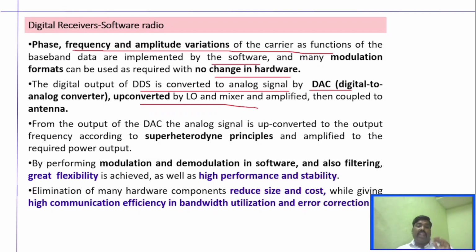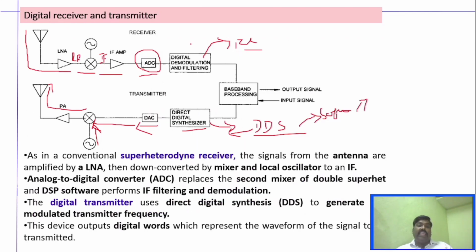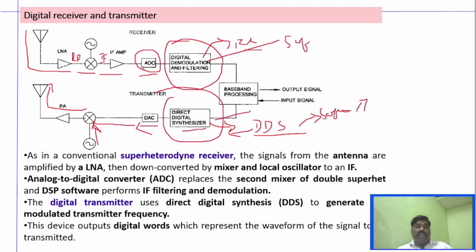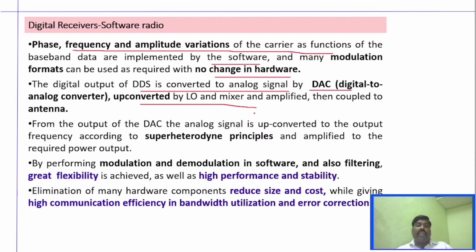Here you have to understand that on the receiving side, we perform demodulation, IF filtering, everything using software, and on the transmitting side, we perform all the modulation and carrier frequency changes. Everything will be done using software, right? That is the very important advantage of the digital receiver.